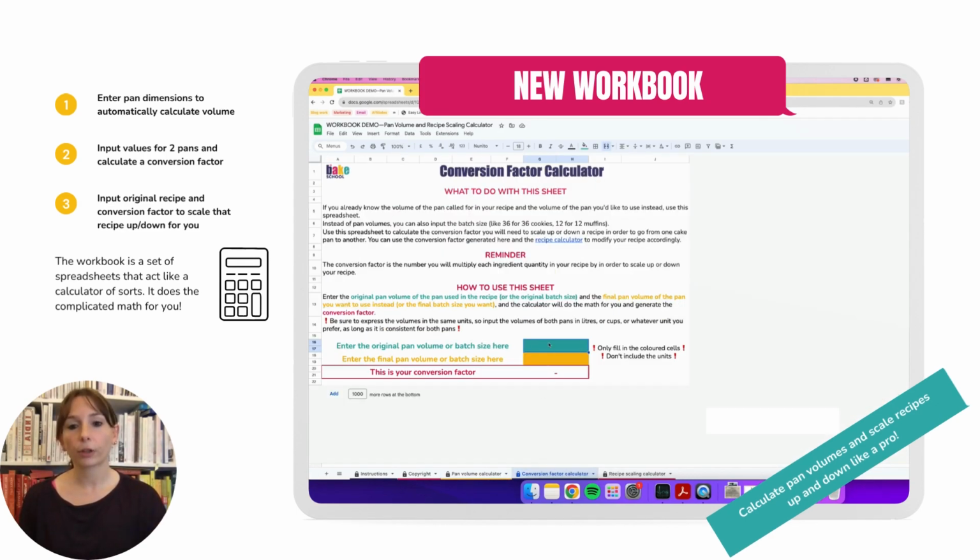I've also created a spreadsheet to calculate a conversion factor if you already know your pan volumes. Let's say you invested in that pan volume conversion chart that I had created a few years ago for you. You already know the pan volumes of a 6-inch pan versus a 9-inch pan. You can input those values into the calculator and it will spit out a conversion factor for you.